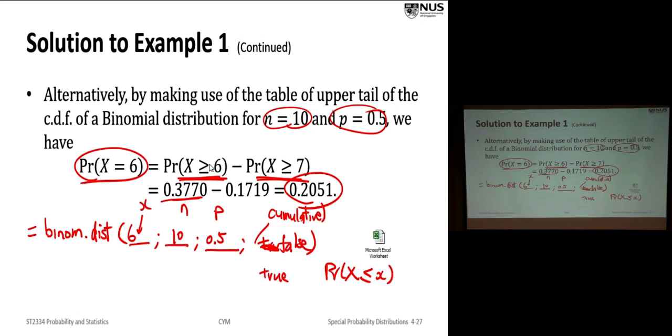If you want to get this number, it will be 1 minus the value at 5. The statement that I use in Excel is 1 minus BINOM.DIST with 5, n, p, and true.